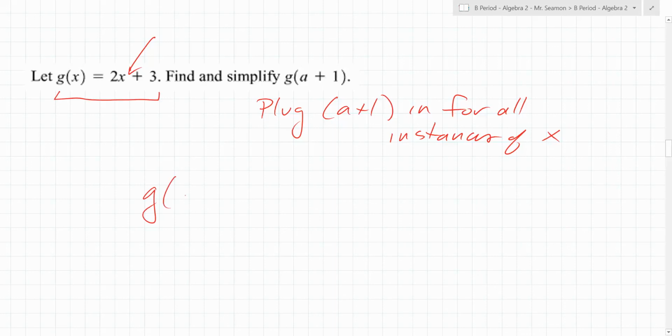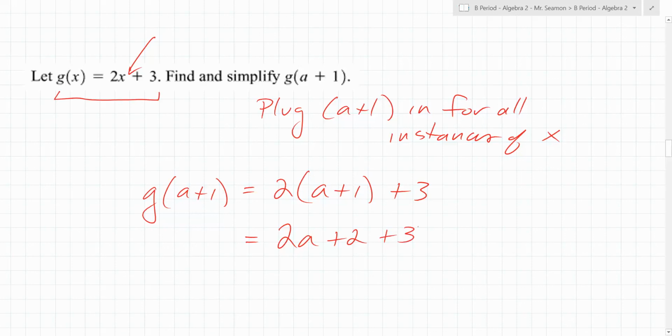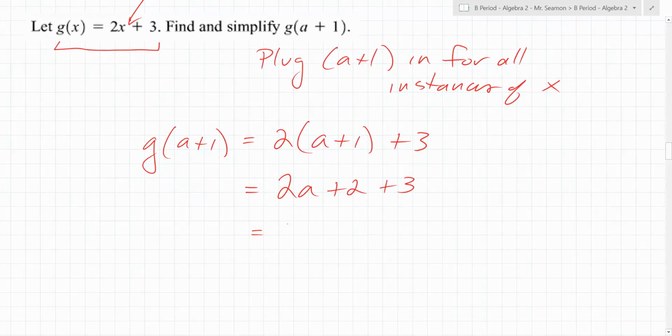So g of a plus 1 is going to be 2 times a plus 1 plus 3. Which we can simplify a little bit. We distribute and get 2a plus 2. That plus 3 is there. We end up with 2a plus 5. So that tells us that g of a plus 1 is equal to 2a plus 5.